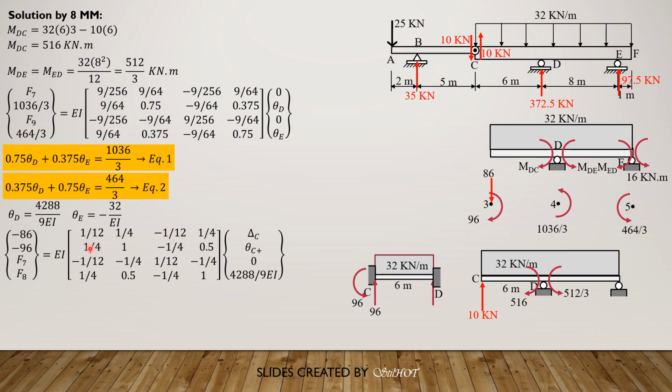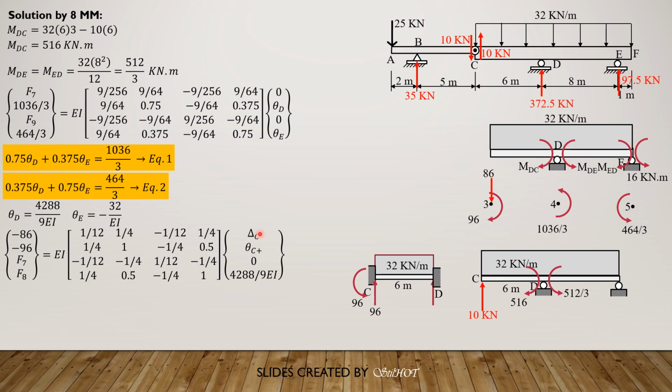Then this is 6 times 1.5 over 6 square, so 1/4. This is 4 times 1.5 divided by 6, so 1. Then the negative of this first item. Then half of 1 is 0.5. Then the negatives of the first row. Then we copy the second row, except we interchange these two values' positions.